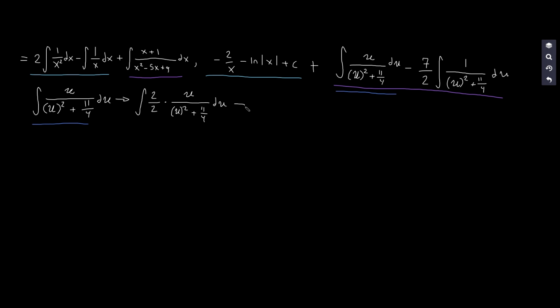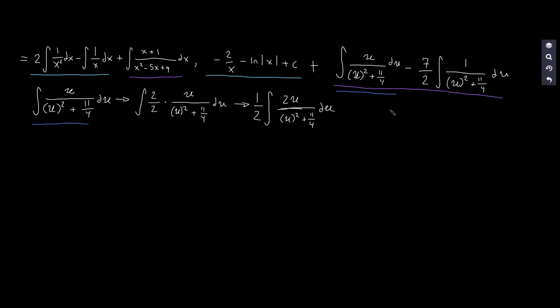Then we'll factor out that 2 in the denominator, and we'll have 2u up top, and in the denominator u squared plus 11 over 4, integration with respect to u.